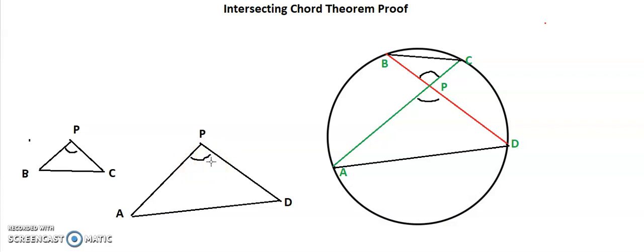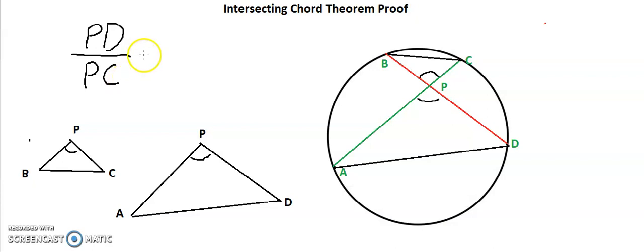So the next thing that we need to be thinking about here is really our understanding of scale factor. And for scale factor, I'm always looking at the length of one side. So I've got PD divided by PC, and that gives me the scale factor of those lengths.